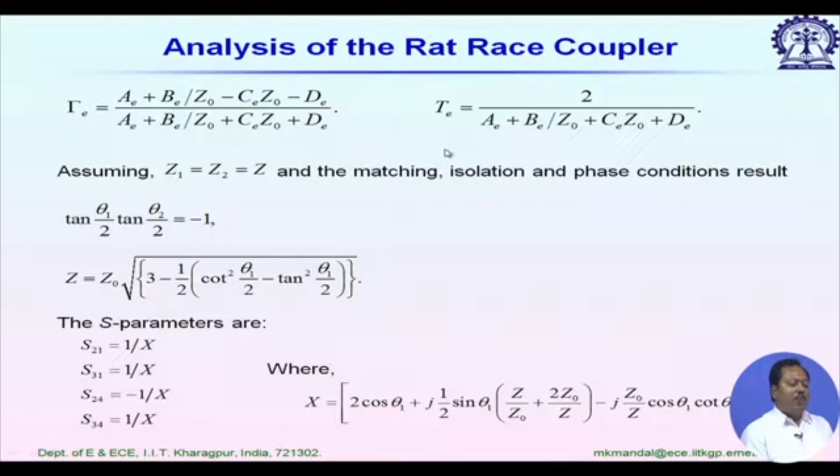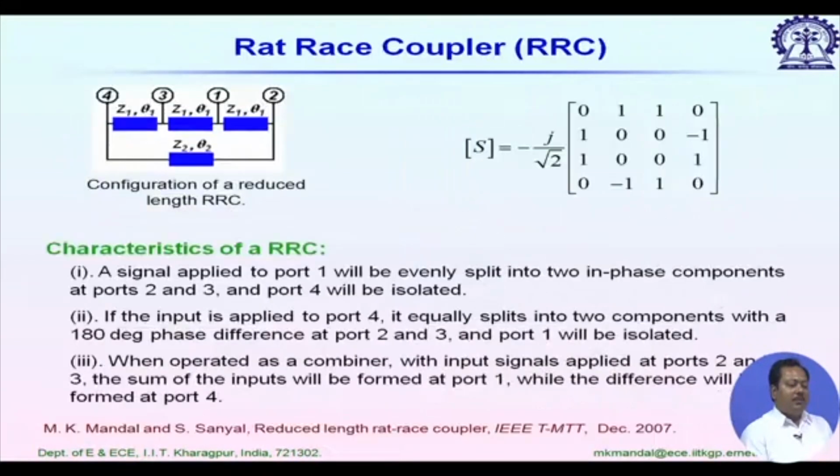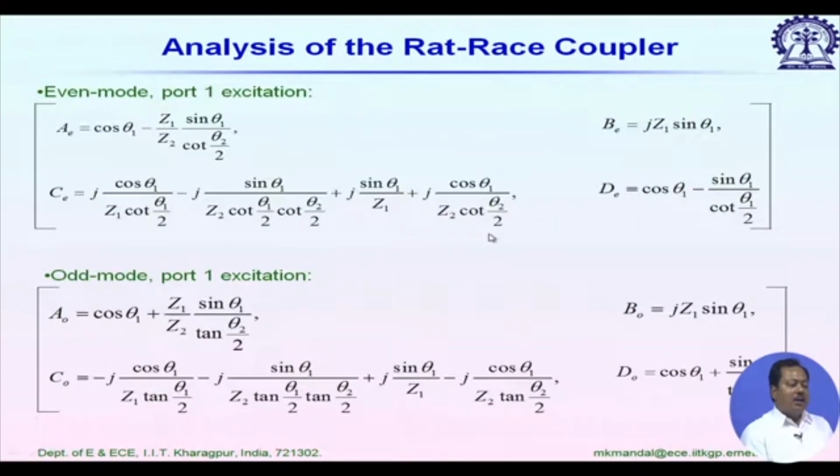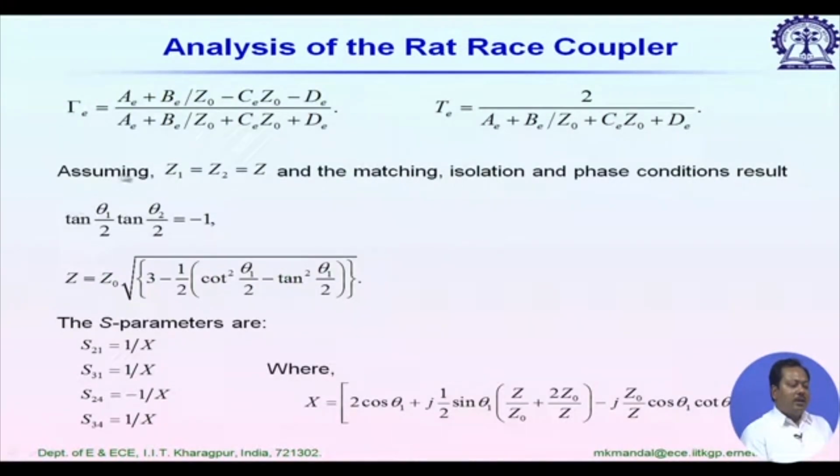Then we impose the rat race condition, that means S11 should be 0, S22 should be 0, and all the equal power splitting condition and phase difference condition. If we impose those conditions, then finally we have the design equations.